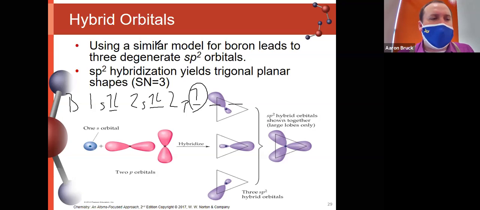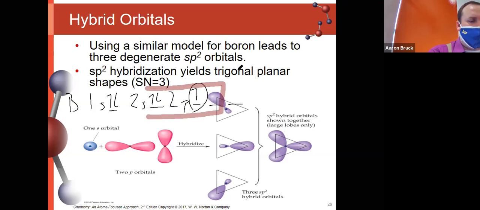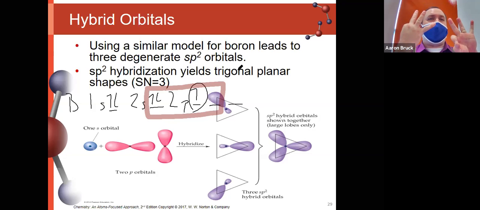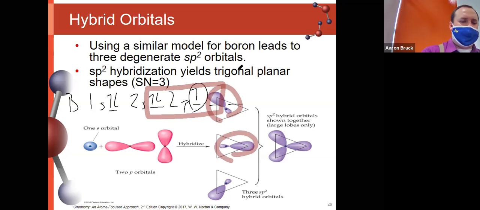However, with hybridization, what we can do effectively is in combining this set of orbitals, an s orbital and two of the p orbitals, 3 orbitals in total for 3 electrons trying to bond, we could separate all 3 of them into these hybrid orbitals.